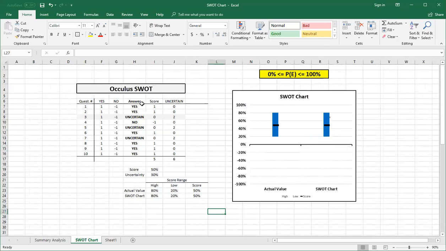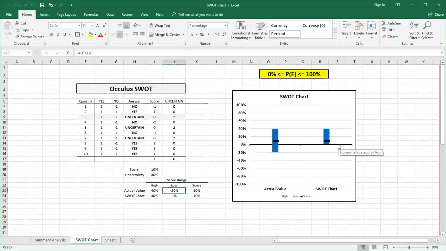But what happens if a number of these questions are answered no? I'll just flip this one. So you see we start at 0% or 1%. And let me change another one to no here. Change this one. So you see what happens is the actual value goes negative, which is shown right here.